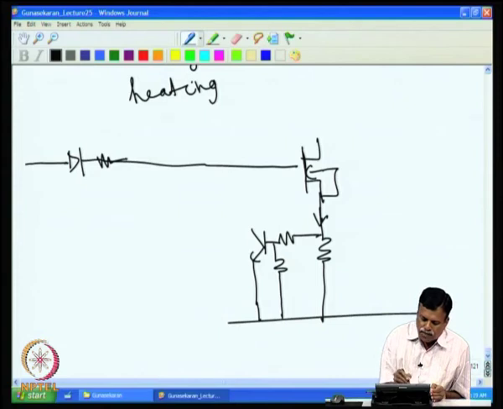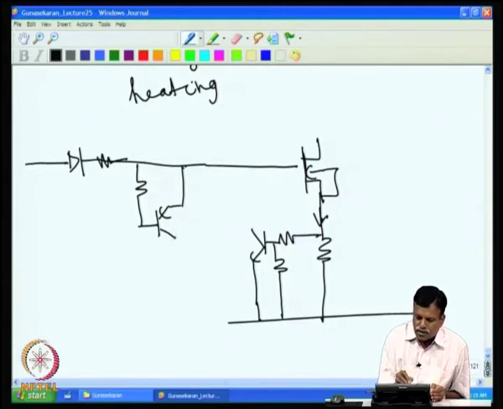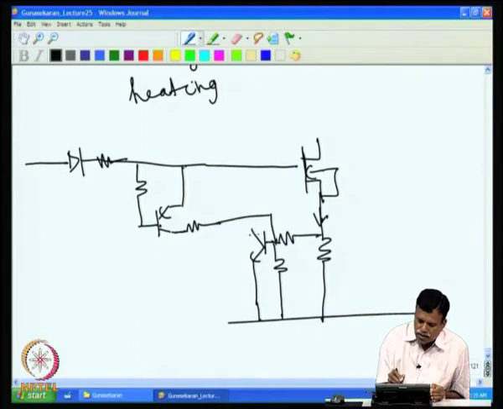So, what can be done is we can have a latch part that can be designed this way, and then this can be connected to this.